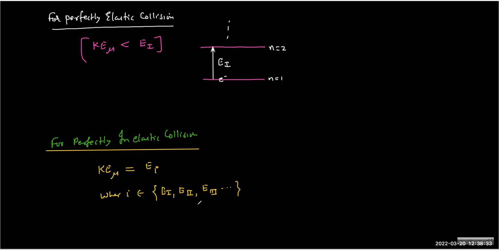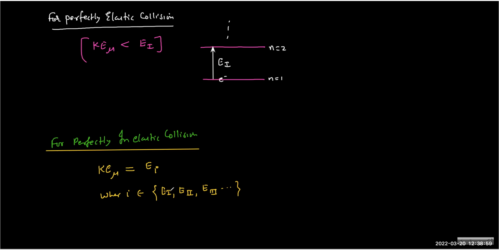So if the energy in the CM frame is exactly equal to one of the excitation energies, which I don't know which one, so I'm just writing in some mathematical notation. It could be either E1 or E2 or E3 or E4 or so on. If it is equal to one of them, then the energy will be taken away.